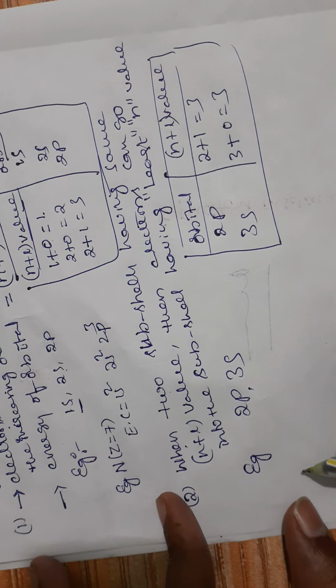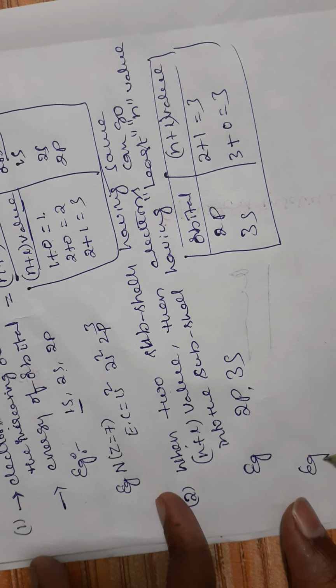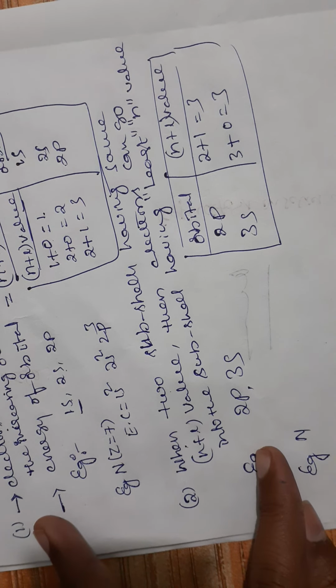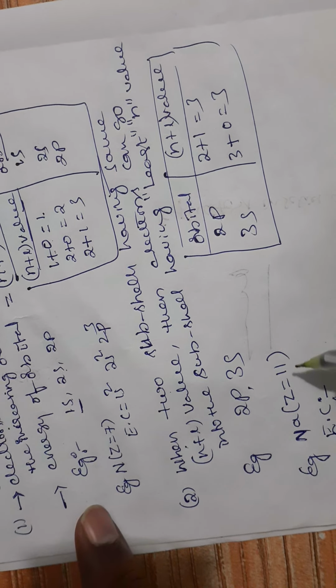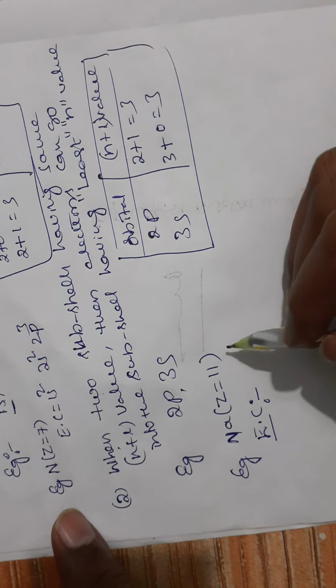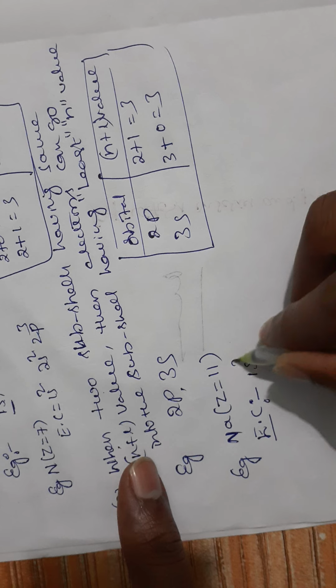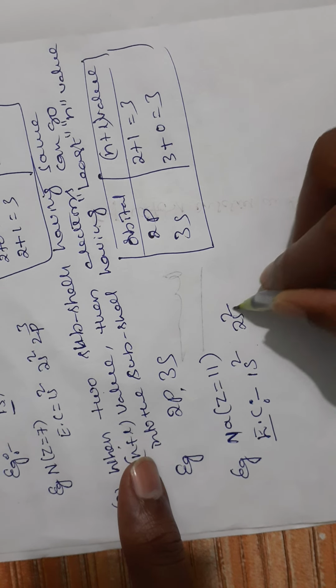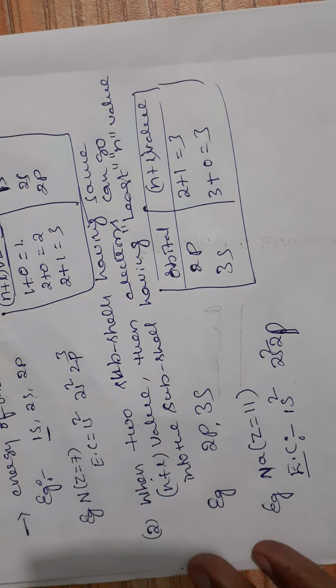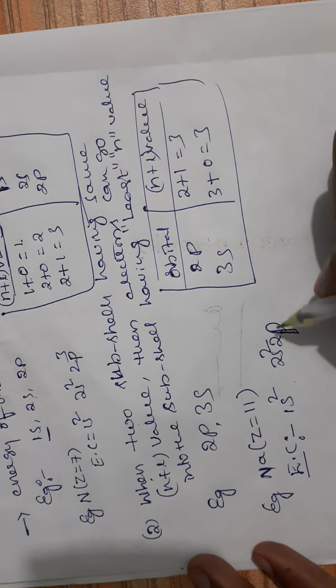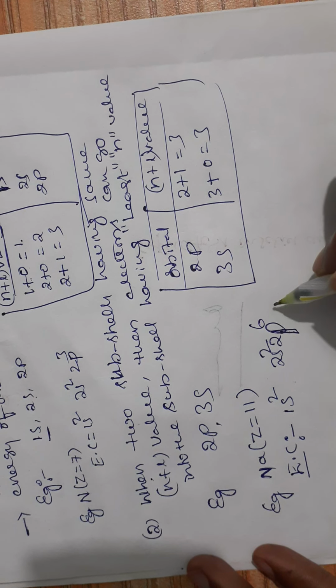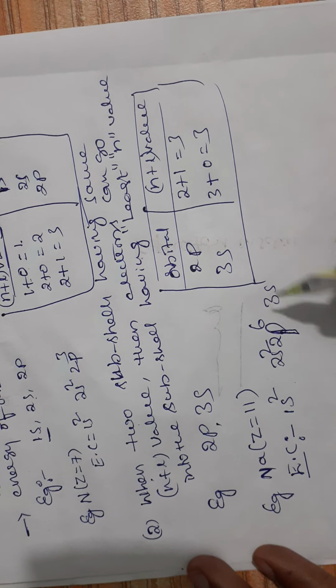For example, we take sodium, students. Sodium atomic number is 11. It has 11 electrons. Its electron configuration is 1s2, 2s2, 2p6, 3s1, students. After filling 1s, 2s will be filled.